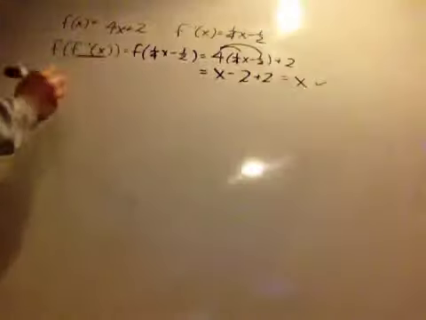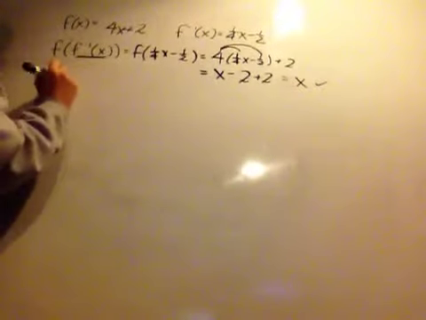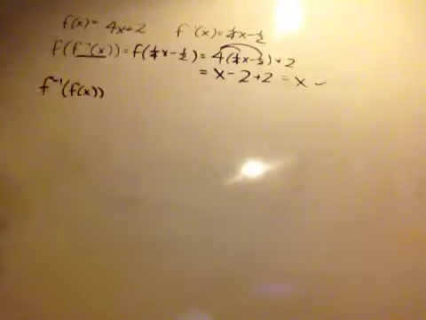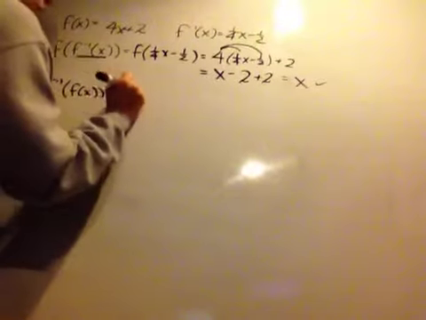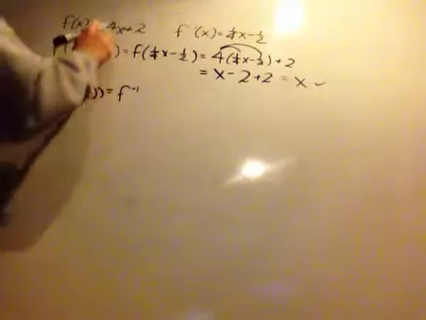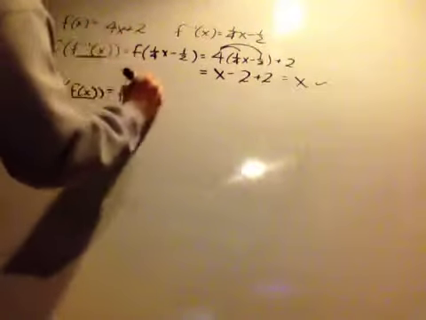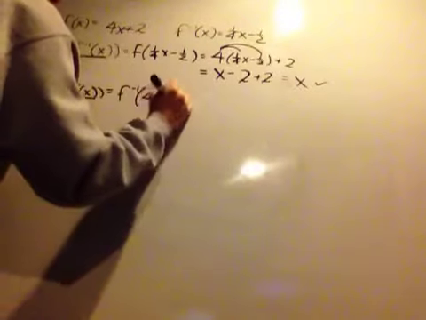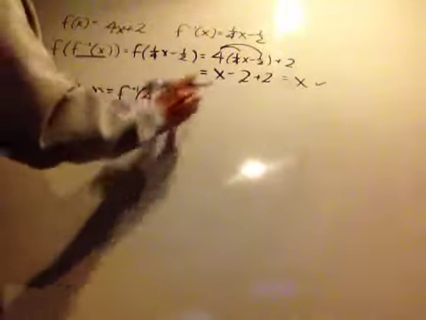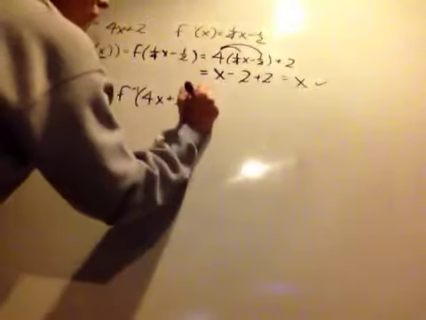So that one works. Now I'm going to do f inverse of f of x. And again, I want it to be x. So I'm going to start once again with my inside function, f of x, and I'm going to replace it by what f of x is. So f inverse of 4x plus 2. Now this becomes my input variable in f inverse of x.